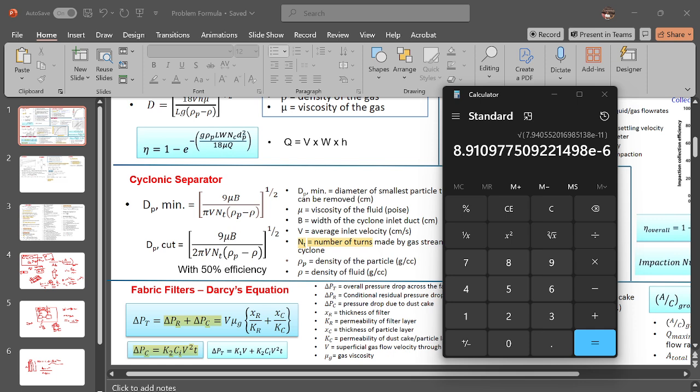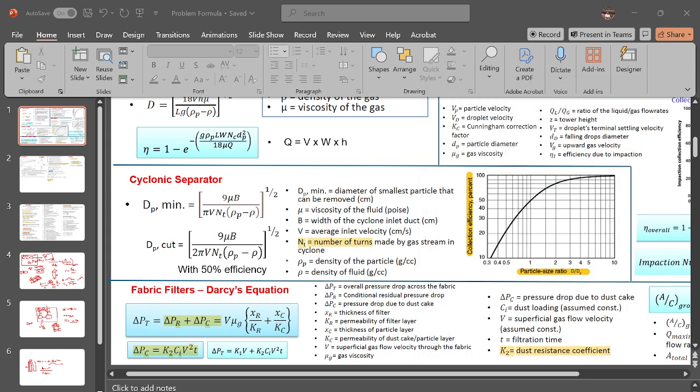Yes, 8.33 is correct, and 3600 is correct. Hope you got it. Please be very careful about the units. If it is in meter, everything should be in meter. If it is centimeter, convert it into 0.2 meter.